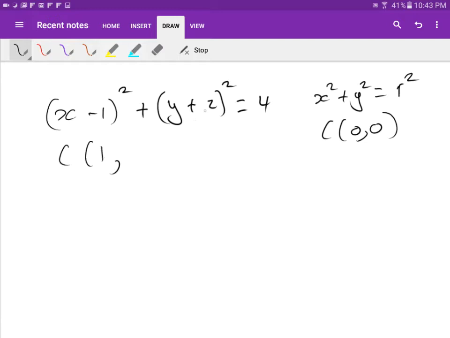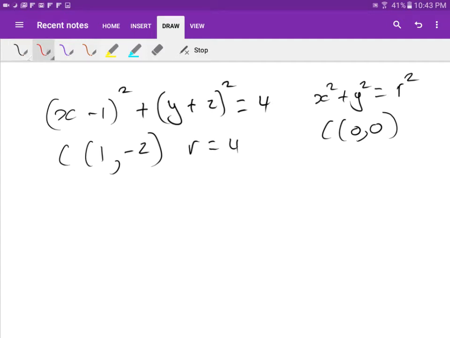Remember, inside the bracket is the opposite effect. If it's plus 1 for x, it moves 1 to the left. In this case, (x minus 1) all squared, it moves 1 to the right. Similar to y, so it's (y plus 2) squared, that means you move 2 down, so minus 2. That's the center. And the radius of this is 4.